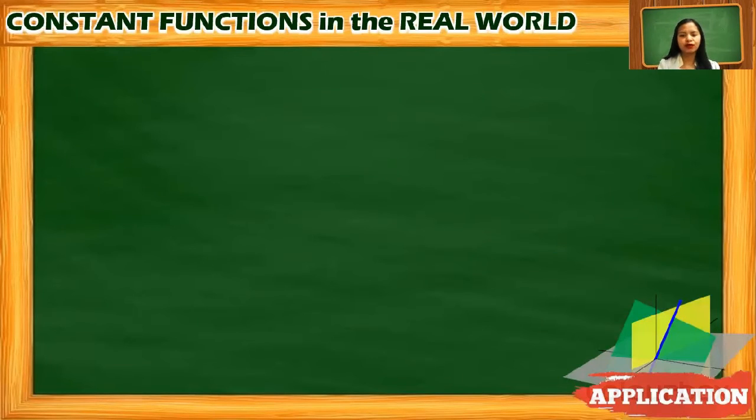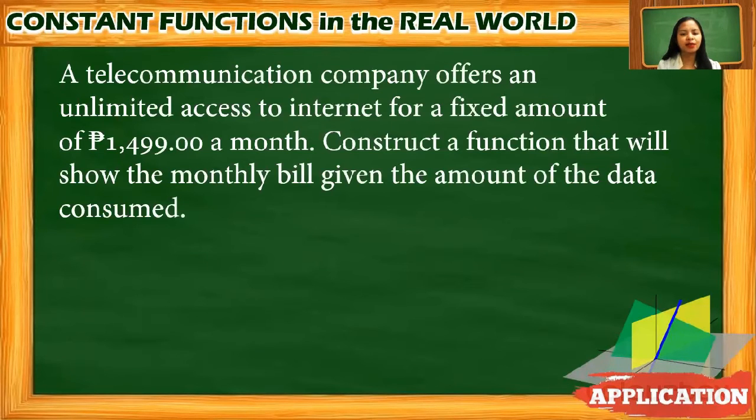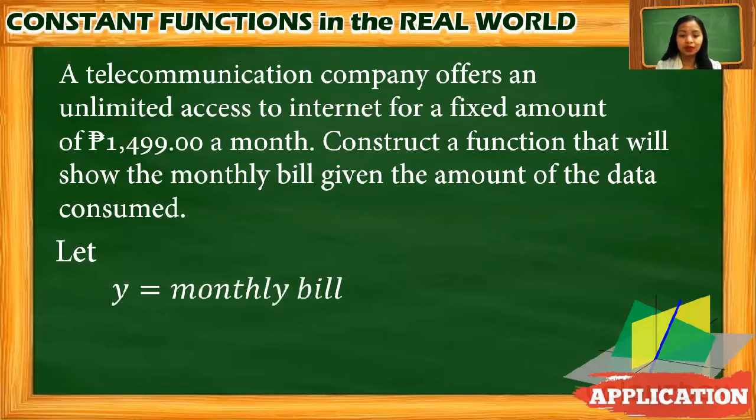Now, let us try to construct a real-world problem involving a constant function. Here, a telecommunication company offers unlimited access to the internet for a fixed amount of 1,499 a month. So, construct a function that shows the monthly bill given the amount of data consumed. Now, we let y is equal to the monthly bill, which is fixed, the 1,499.